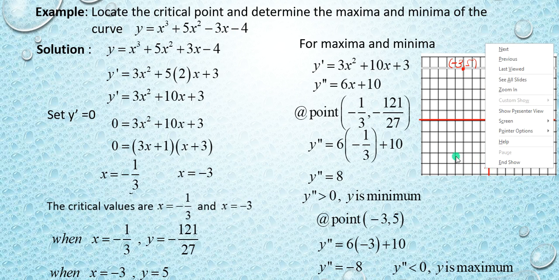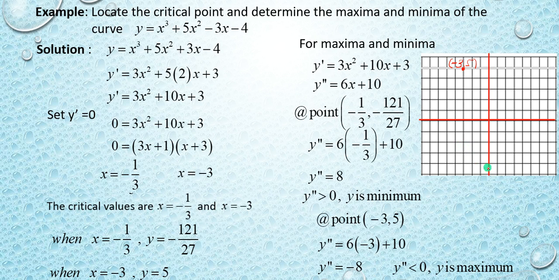That is negative 1/3 and negative 121 over 27 at this point here, something like here. And also we plot the curve. We get this point here, something like that.